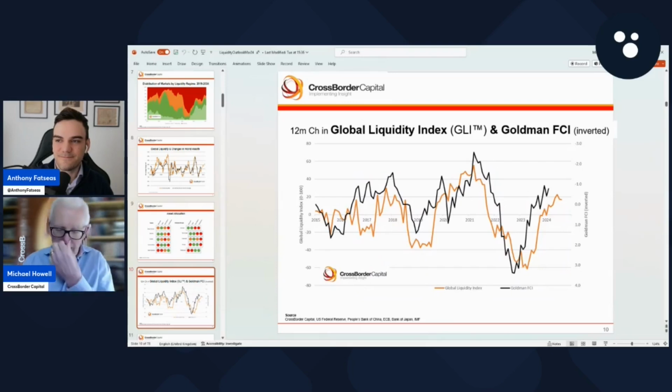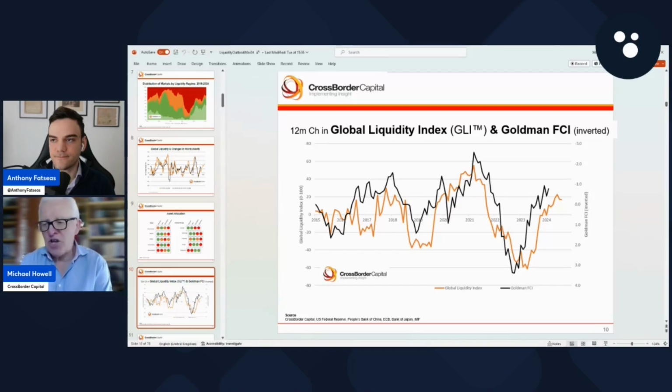Now, to come back to the point about financial conditions and liquidity, the most widely quoted financial conditions index is the Goldman Sachs index, which is the black line on the chart. The orange line is our liquidity index advanced.